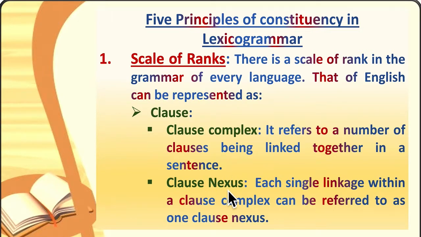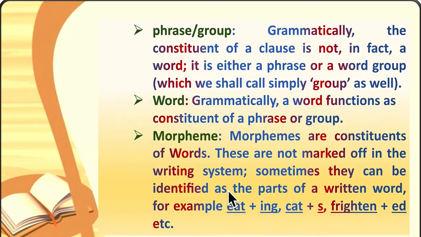Okay, now we move on to the next. Now we have, within this rank of a scale, the phrase group. First is clause complex, then we have clause, then we have clause nexus, the connection between the clauses, and then we have phrase group. Grammatically, the constituents of a clause is not in fact a word.